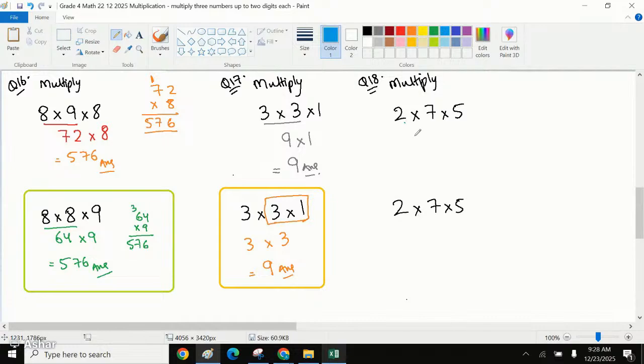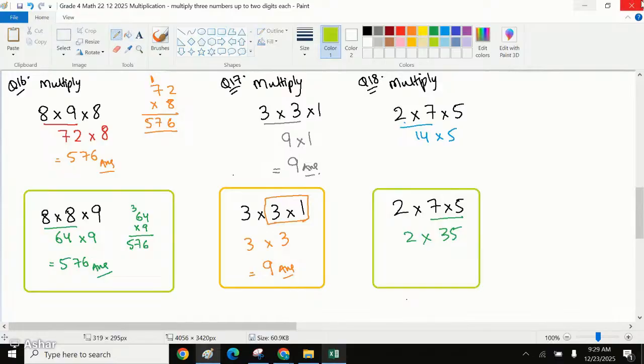I'll just do one step. So what would be the final answer for this? In both cases, the answer would come out to be the same number, right?